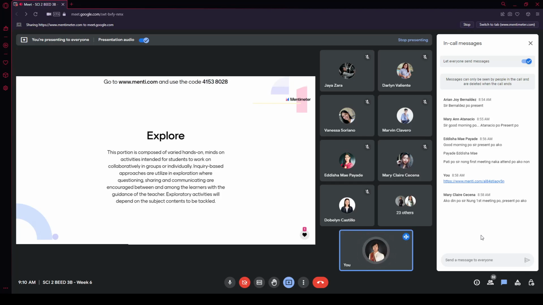For physics, it's more on the movement, right? Or on the objects. Since physics talks about the laws of nature, right? It's very easy to make examples or let the students demonstrate how this law is present in a certain scenario. So of course, you'll have to give explicit instructions on how they should do it.